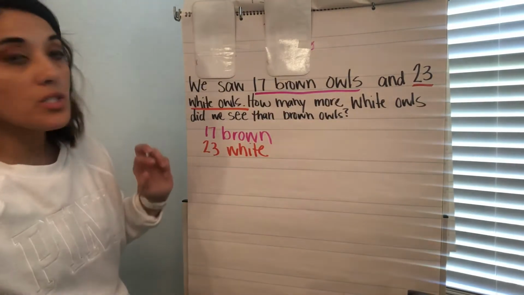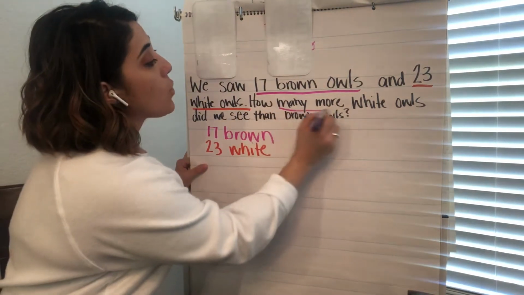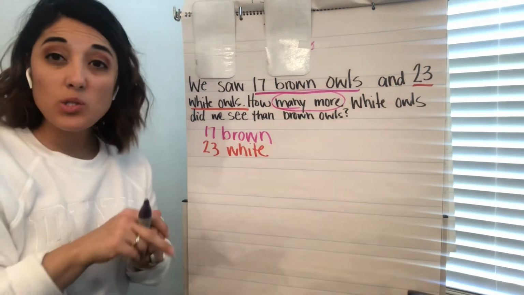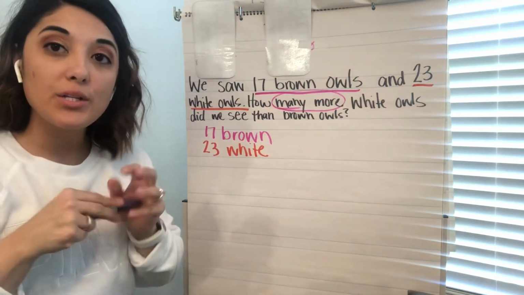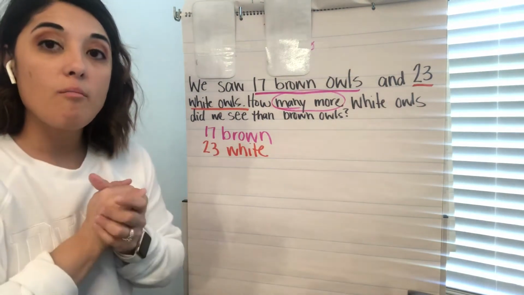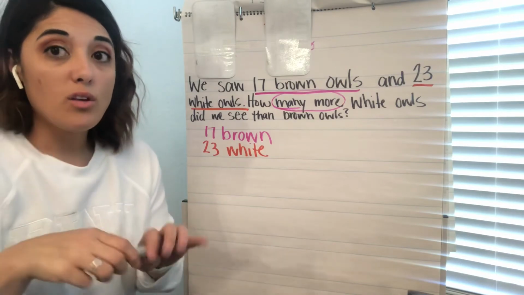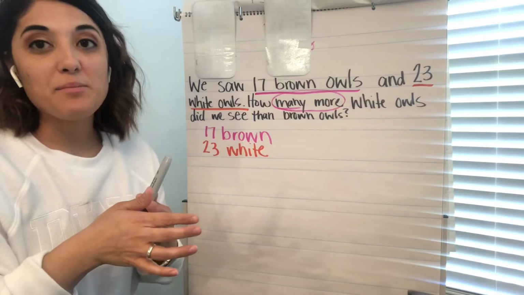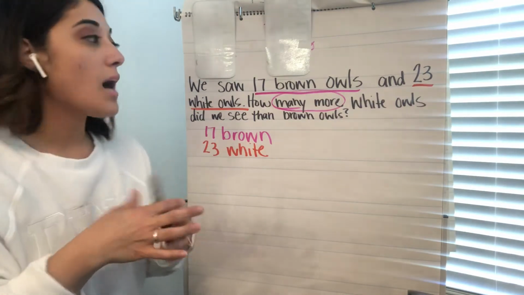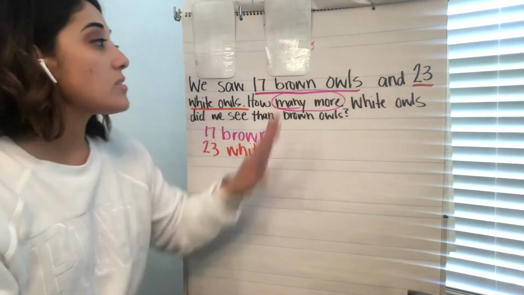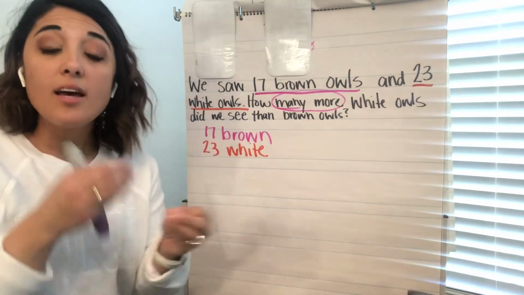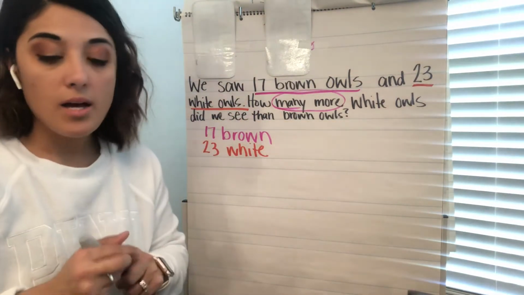And an important question in this is it says how many more white owls did we see than brown owls? It doesn't tell me, did I get more owls? Did I lose some owls? I'm looking at two different colors of owls. I'm looking at brown owls and white owls, and I'm actually comparing and seeing how many more there are of one of the owls.